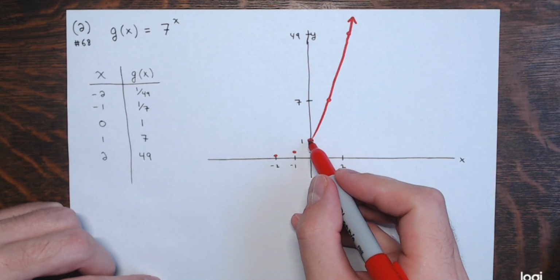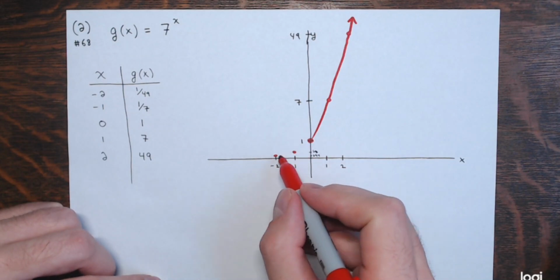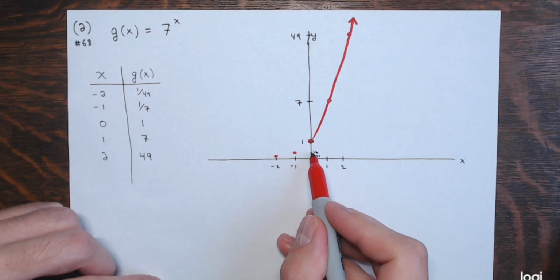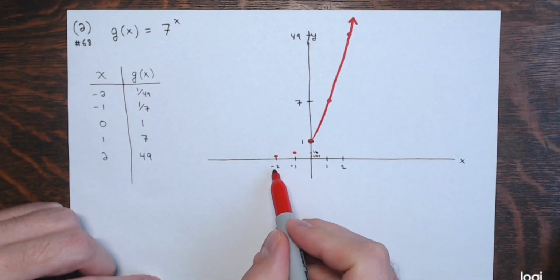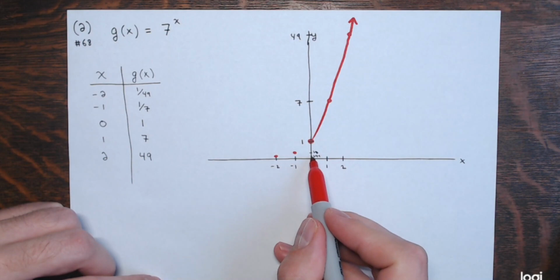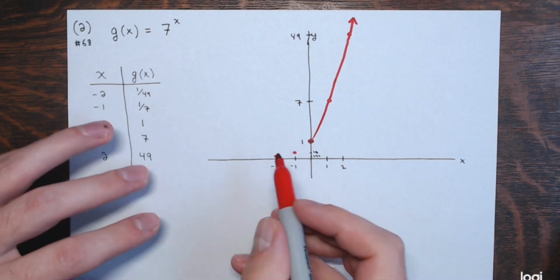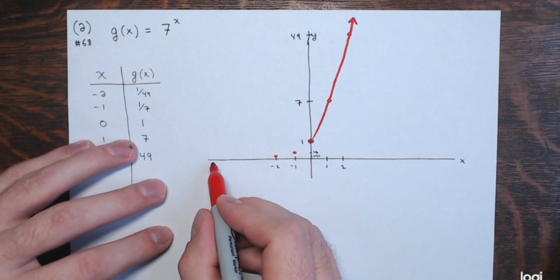But then as you go left, all the values are still positive. 7 to the negative first is positive 1/7. 7 to the negative 2 is positive 1/49. 7 to the negative 3 is positive 1/343. And 7 to the negative a million is 1/7 to the million, still positive, right?